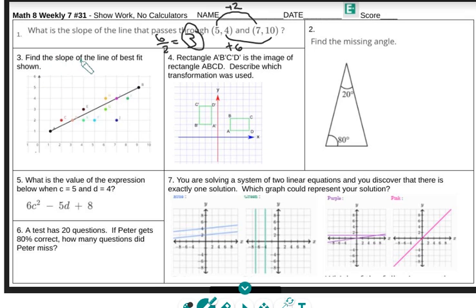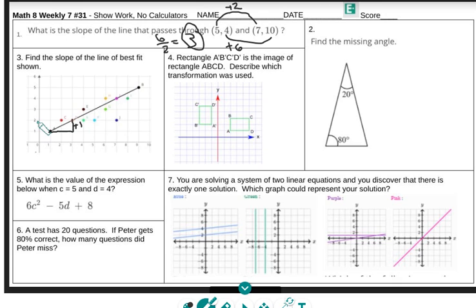On this one it says find the slope of the line of best fit shown. So we need to find 2 lattice points, which are the corners of the boxes. You can see here we'll use this point A, and we need to find another lattice point along that line. We can either use this one or this one. So we are going to make our growth triangle. Our rise, or our up, is plus 1 because it goes from 1 to 2.